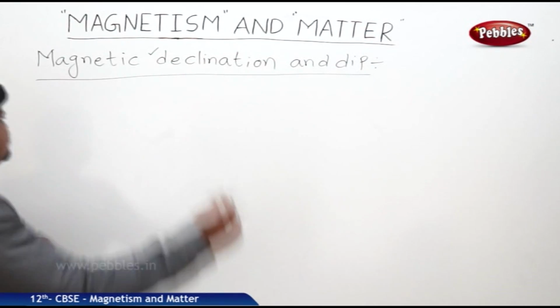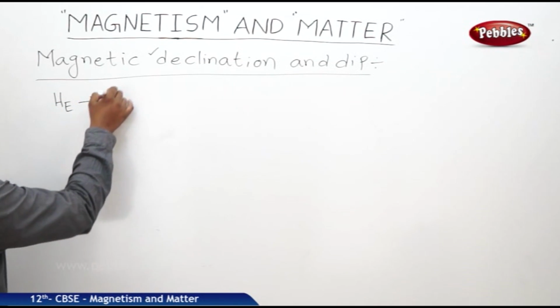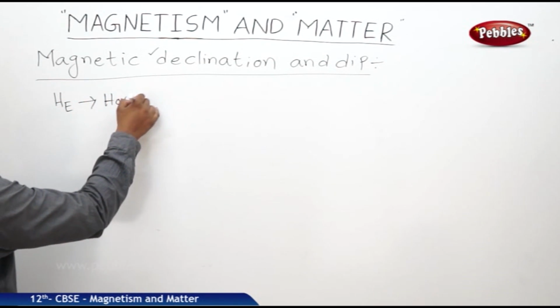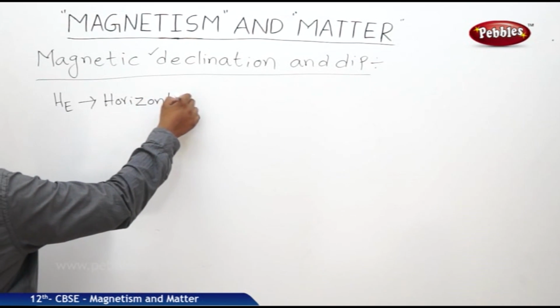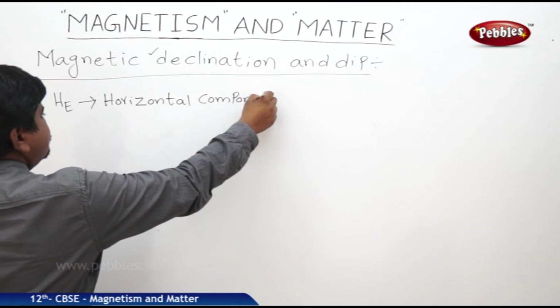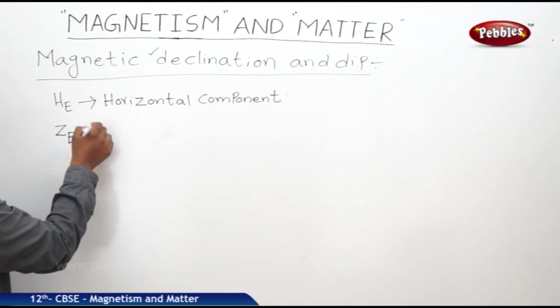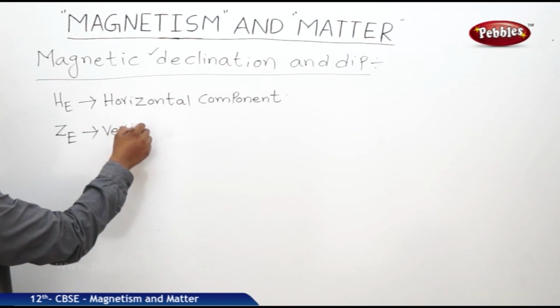components. First one is HE, horizontal component. Second one is ZE, vertical component.